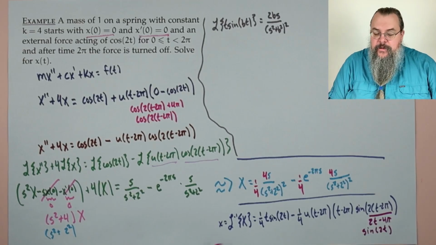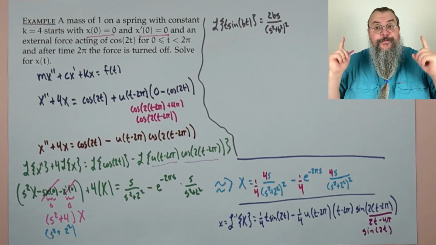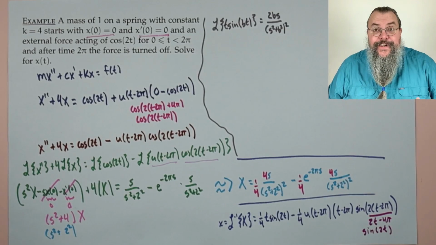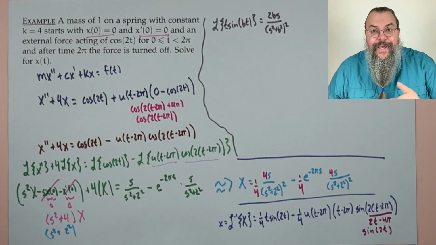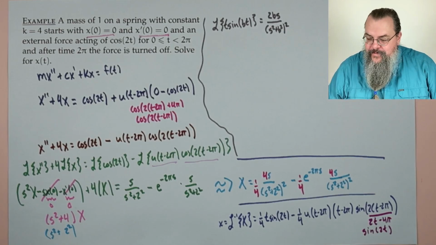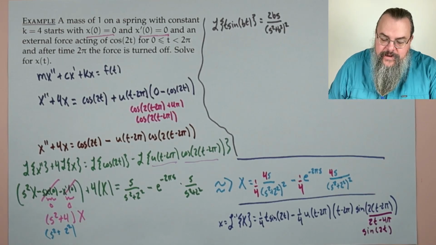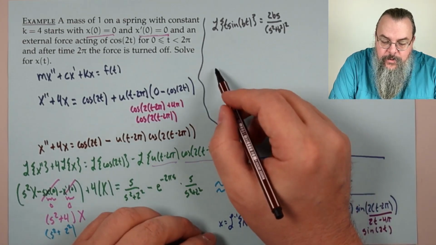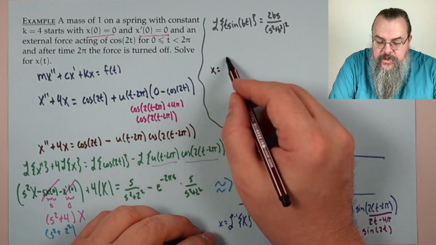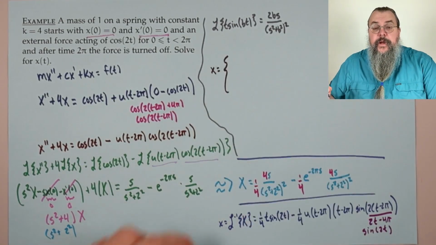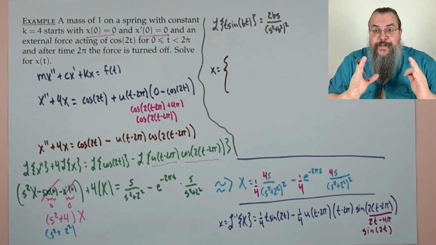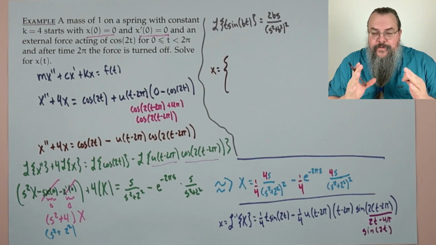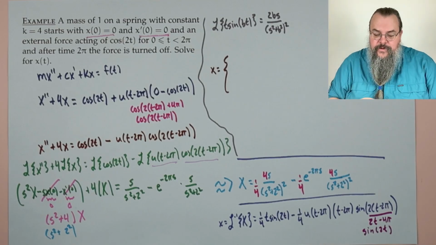Okay, so let's write down x. Let's write down x as a piecewise function. When we think of x as a piecewise function, what's happening here? There are two pieces: before 2 pi, before you turn off the external force, and after the external force.